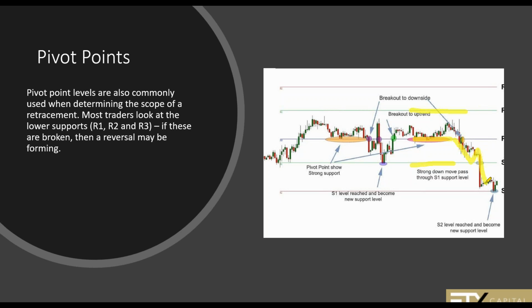When it breaks right through, then we can see something else happening. Here it broke down and came down to level 2. But this will give us forewarning of how the asset should be acting, because what should happen is, as price is retracing like it did here, it should come to that support level and bounce off it. That should help support the price as it moves back to its uptrend.